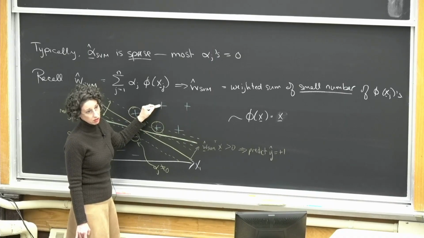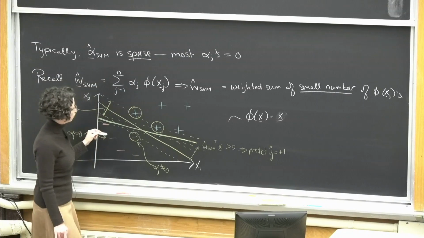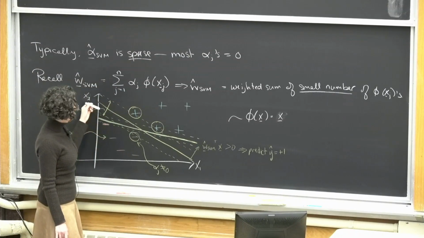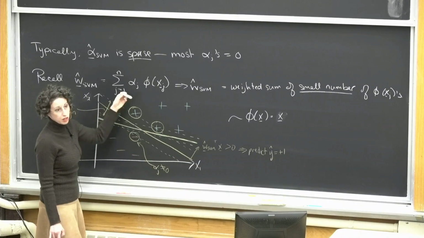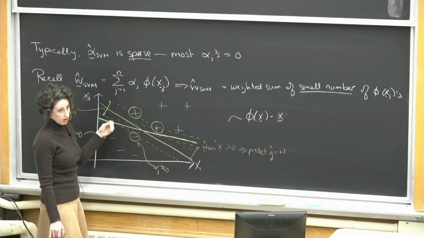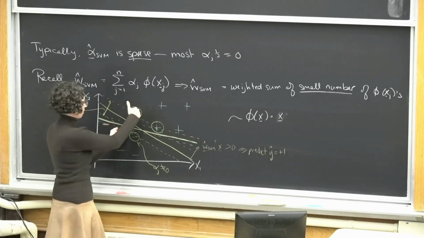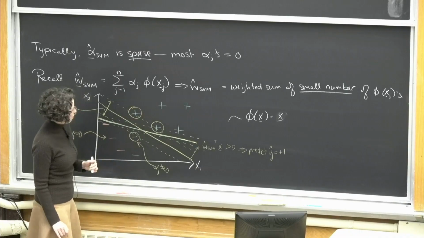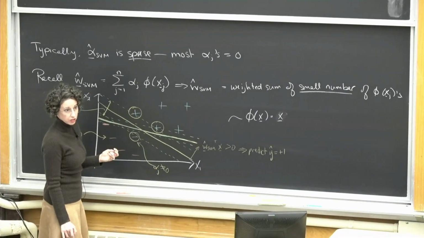So in this case, my data is separable. I can draw a decision boundary that perfectly separates the positive and the negative examples, and they're separated by some margin. And so I can achieve 0 hinge loss.